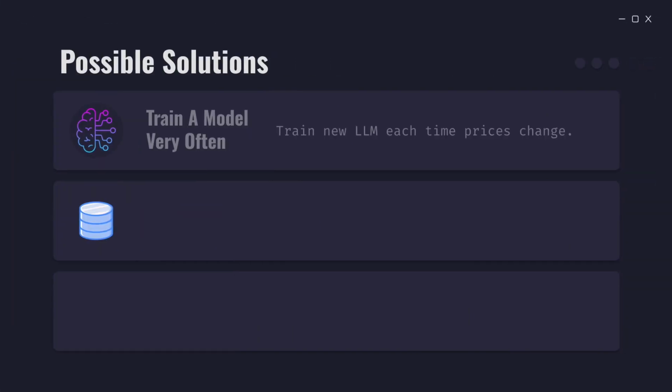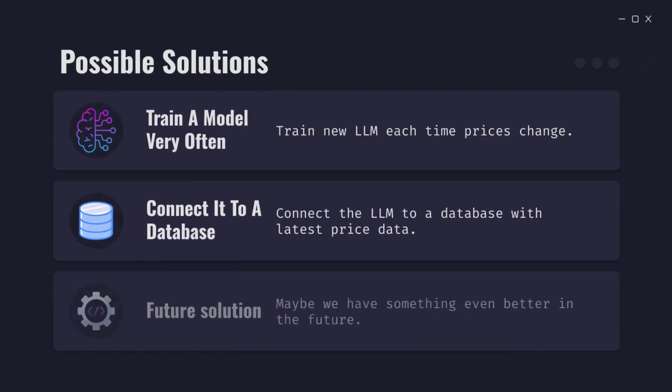One way is simply to train the model very often. Train the model every year, or every couple of months, or after every week. If the price of the Tesla changes today, I need to train my model. That's really tedious, considering that training models can take months and is a very expensive procedure. So training the model often to always have the current data is a no-go.